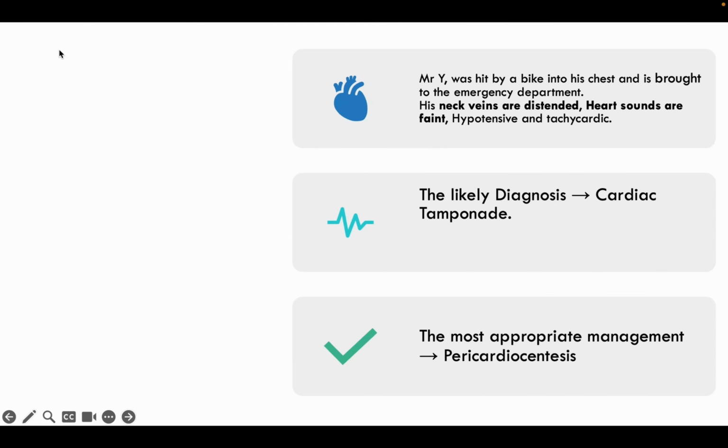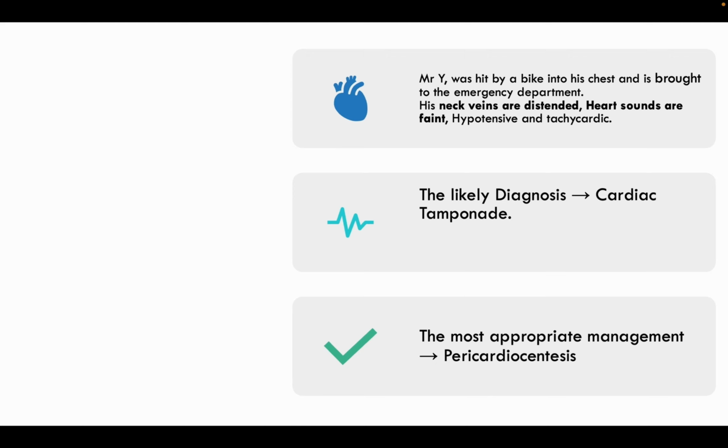Now let's talk about how a case of pericarditis can come up in licensing exams like PLAB 1 or UKMLA Part 1. For example, a patient who was hit by a car or bike, or had an accident with any kind of trauma to the chest, goes to the emergency department. His neck veins are distended, heart sounds are muffled, and the patient is hypotensive.